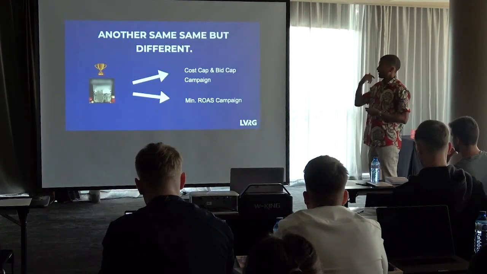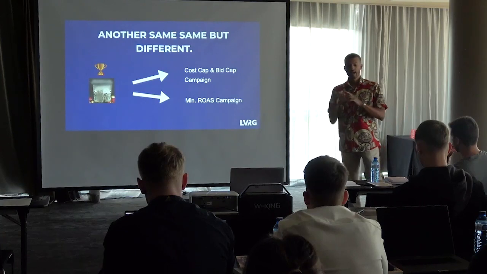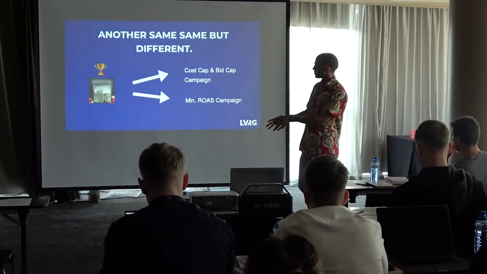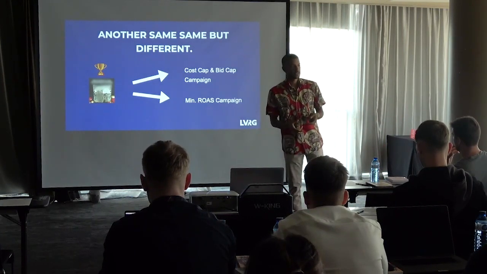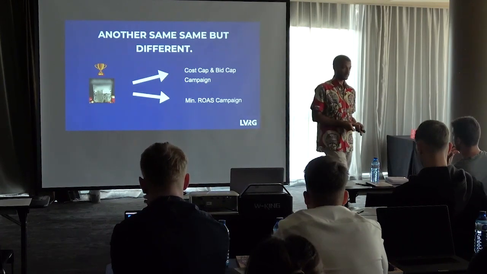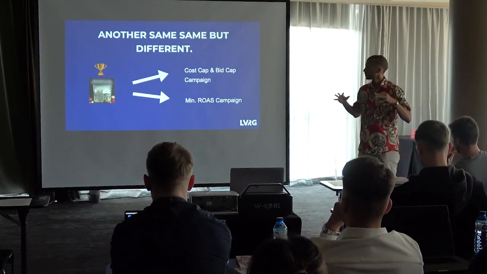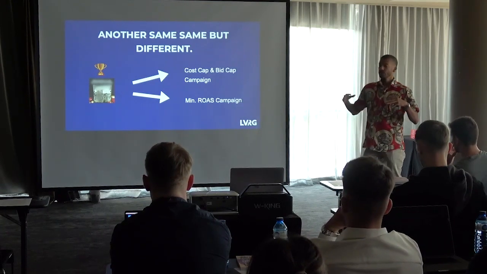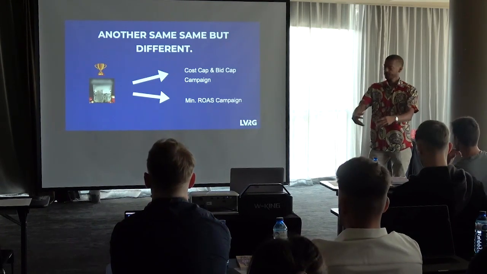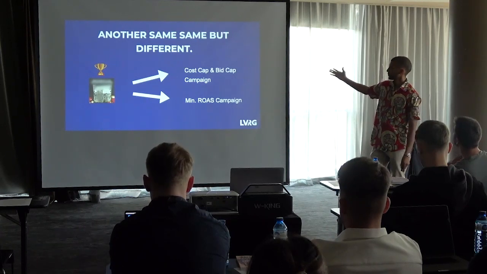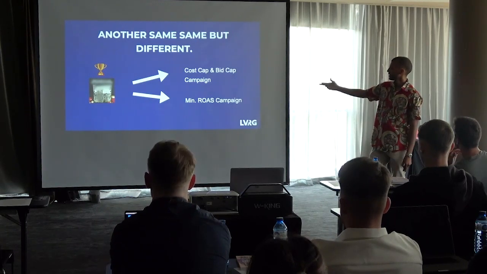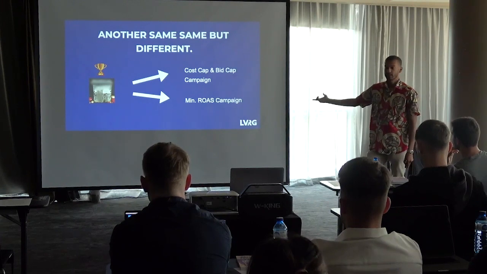Next thing, another same but different. We have our winning creative already. We tried it in different campaign setups. What else can we do with it? What are other possibilities to basically reach our target audience in the auction? Simple. Cost cap, bid cap campaigns, min return on ad spend campaigns.